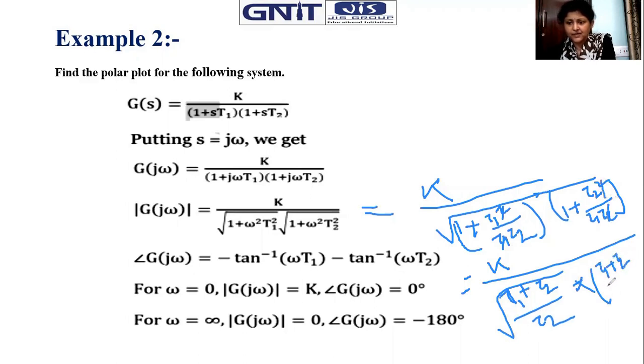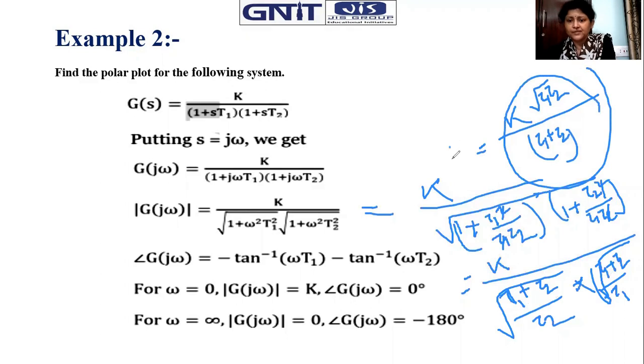So ultimately we will get k divided by root under tau 1 tau 2 as the numerator part, and root under tau 1 tau 2 into root under tau 1 tau 2, so it is becoming tau 1 plus tau 2. So this is the magnitude of the phasor at that particular frequency omega equals 1 by root under tau 1 tau 2.